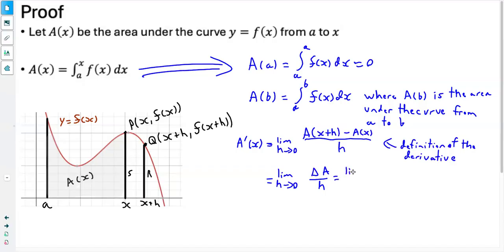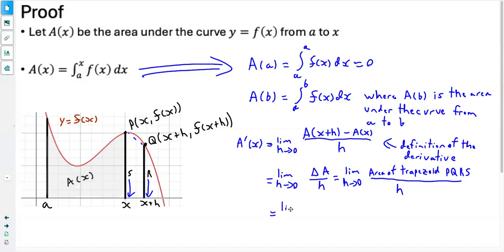Now that's going to be equal to our limit as h goes to 0 of essentially the area of this trapezoid. Now I've labeled the corners of this, so our trapezoid essentially is PQSR or PQRS divided by h.